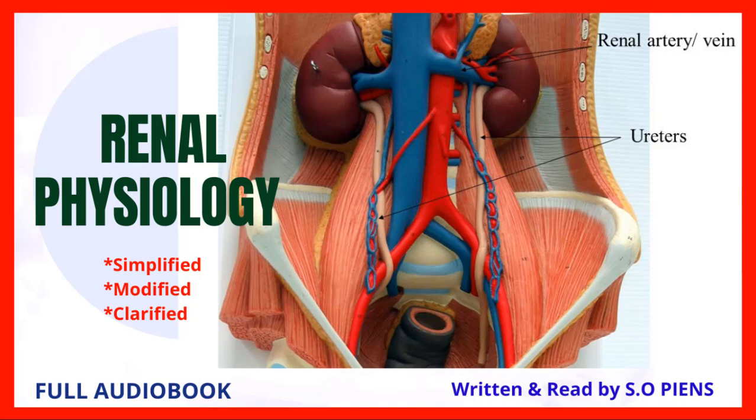Other pathophysiological conditions are anuria, which is the total absence of urine; oliguria, which is low urine output; hematuria, which is blood in the urine; and proteinuria, which is protein in the urine. We also have nephritis, which can be acute or chronic too. That is inflammation of the kidney. All these pathophysiological conditions can cause impairment in the function of the kidney.